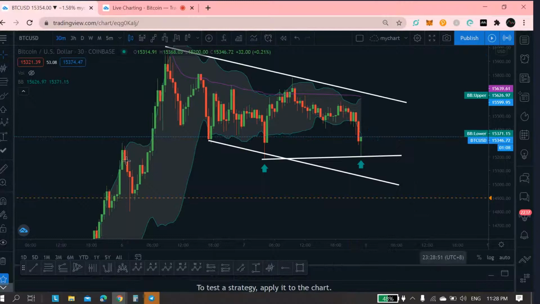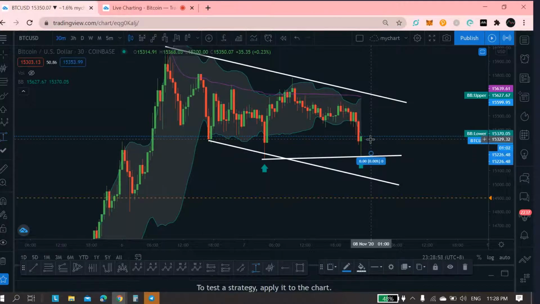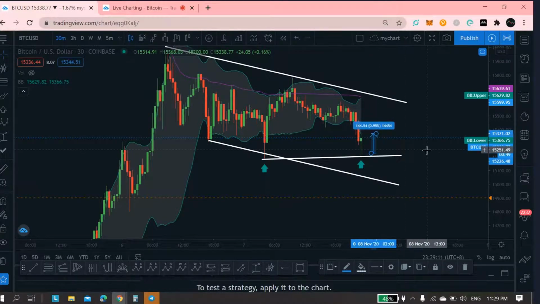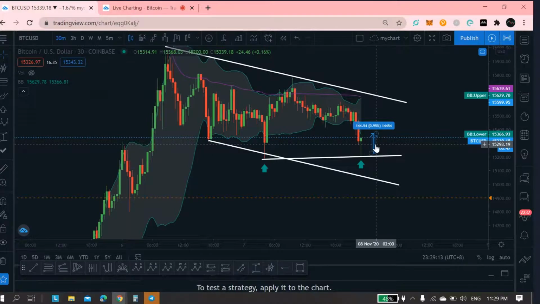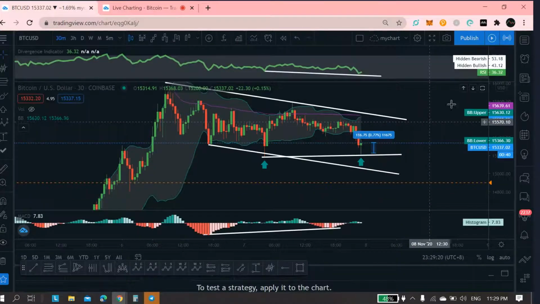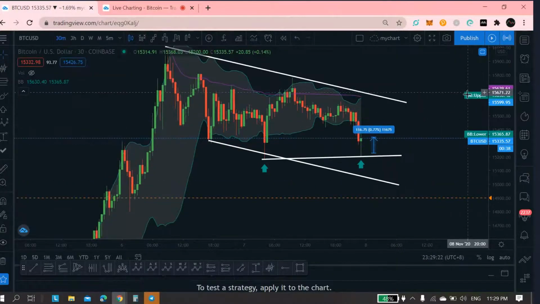Oh, let me just change it. Why is it getting that? So there, a possible 0.95, or, oh, no, not yet because it's just here. So a possible 0.77% times 100.